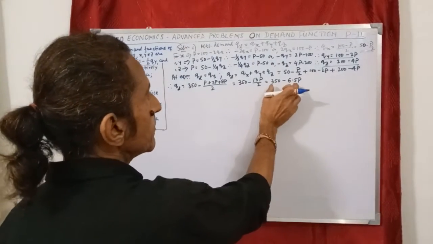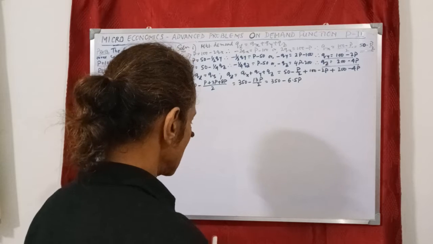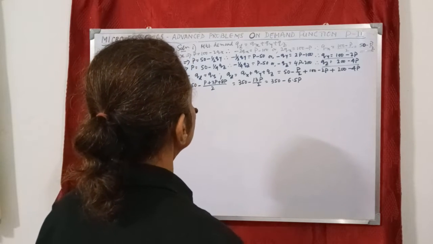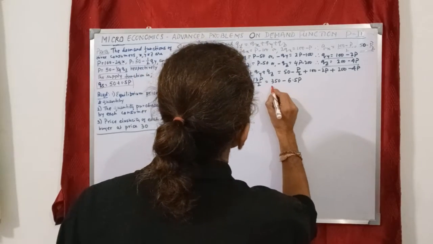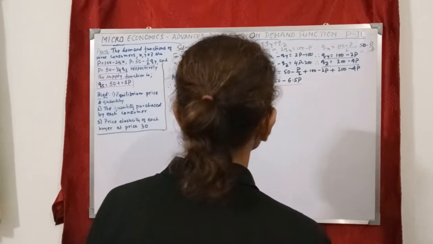So this is the market demand. QD is the market demand and this is the sum of the individual demands.